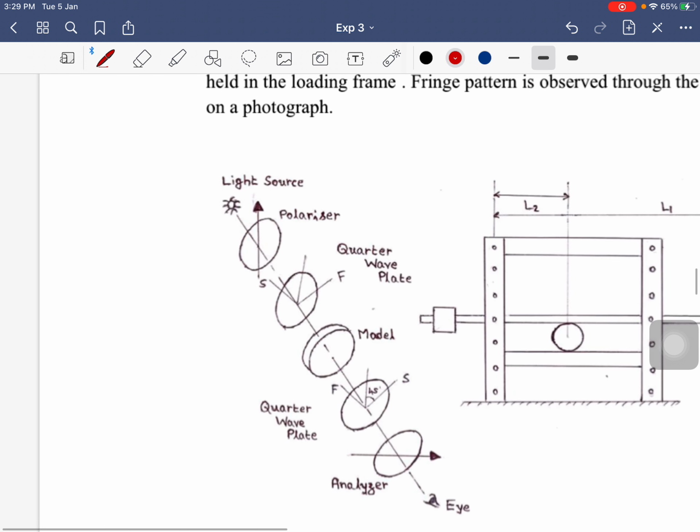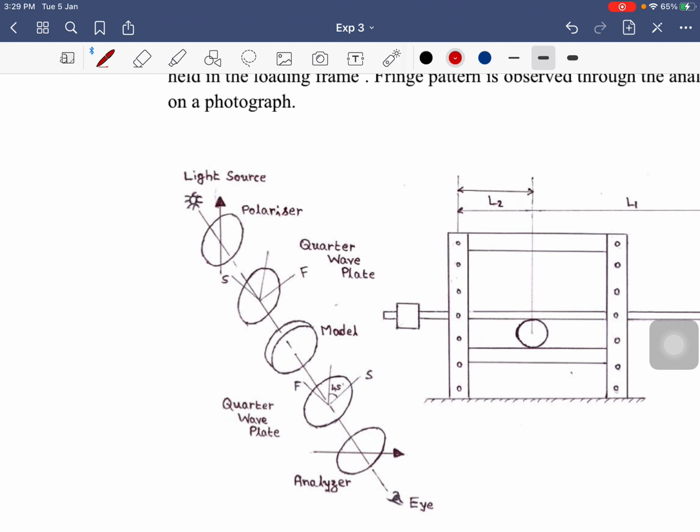If you look at the model, it will be something like this. In this particular model, the eye of an observer will be here, and the monochromatic light source would be here. The first plate we observe through is the analyzer, after which you get a quarter wave plate.